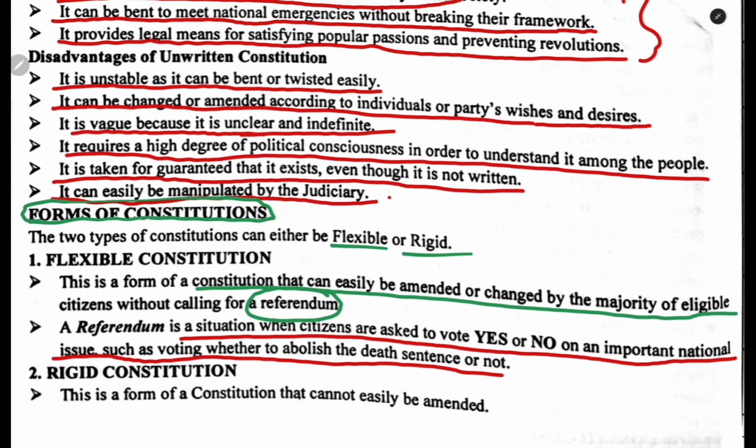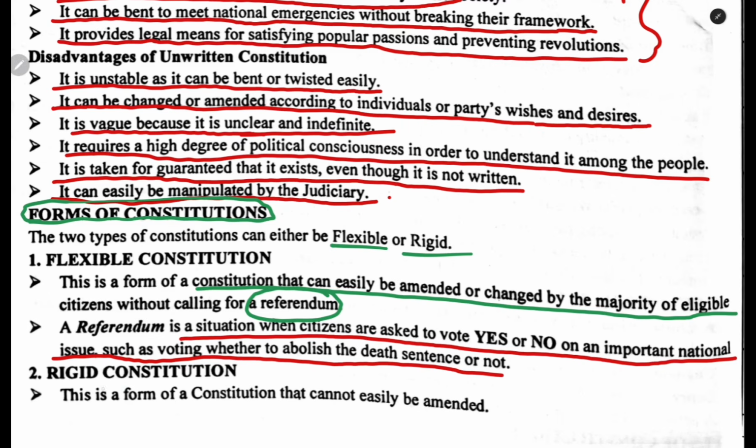During a general election, we can also vote for a referendum alone. Like in the 2016 elections, we also had a referendum which unfortunately failed. That method is only used when you are changing the difficult or rigid clauses in the constitution. So that is very important.